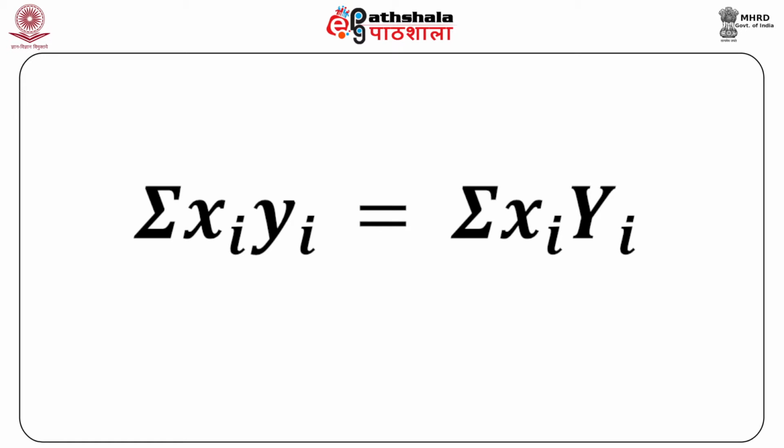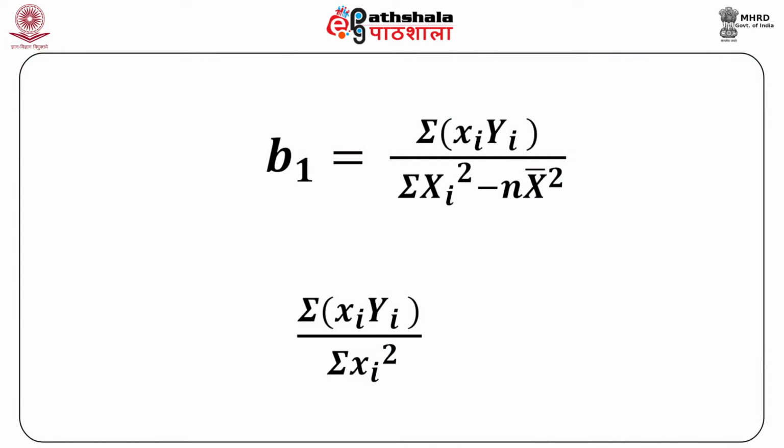So summation xi yi is equal to summation xi capital Yi. Therefore, the OLS estimator of slope can be written as B1 is equal to summation xi capital Yi divided by summation capital Xi square minus n x bar square, or summation xi capital Yi divided by summation xi square.